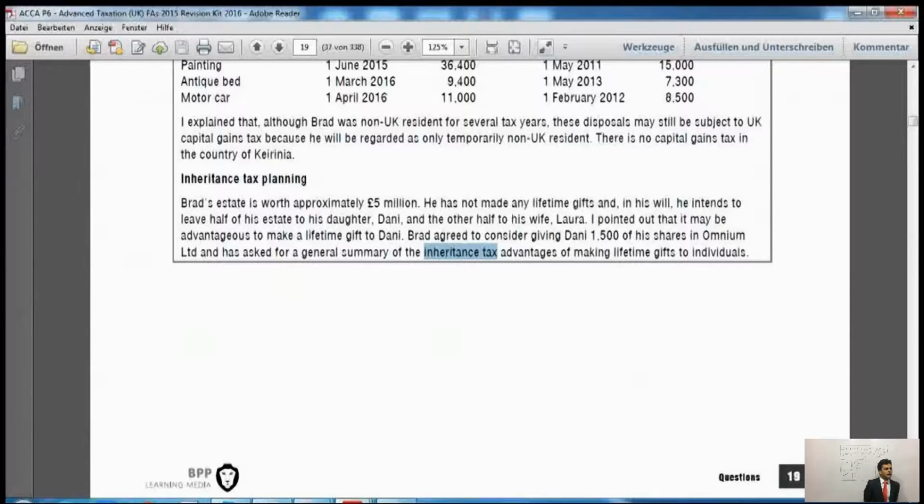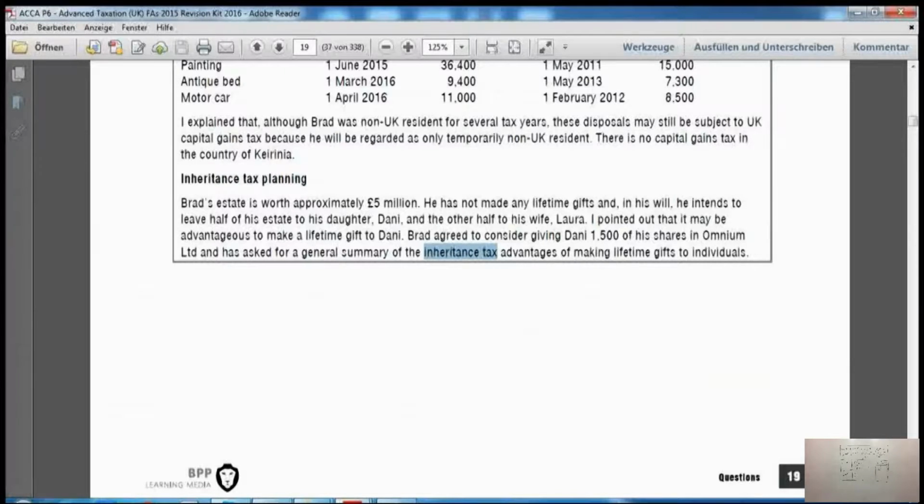In this question as well, it is asking for advantages of making lifetime gifts. Whatever you have seen in your notes in the previous lecture, you can check in your notes as well, you can just copy the data from notes and write it down as its answer. It is just asking about inheritance tax advantages of making lifetime gifts.